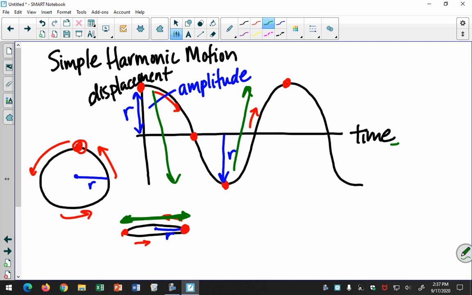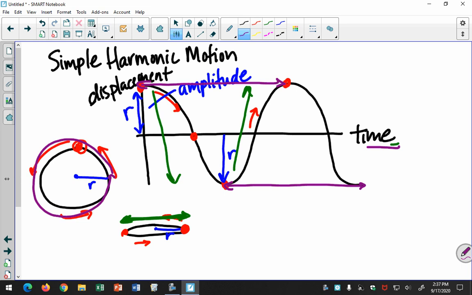Now let's not forget time. Remember we said the time is the amount of time it takes to make one complete circle, or the period. Again, I'm going to use different spots on my curve. It is the time it takes to go back to where it started. If I draw over these two points, back to where it started.